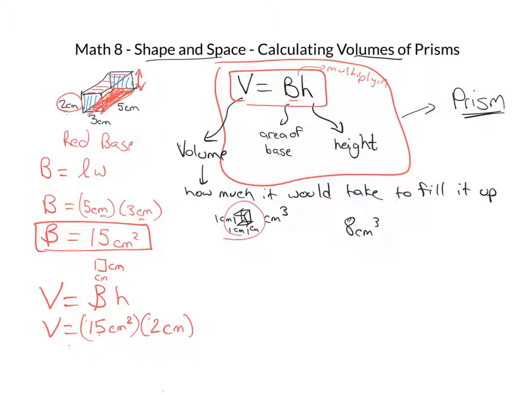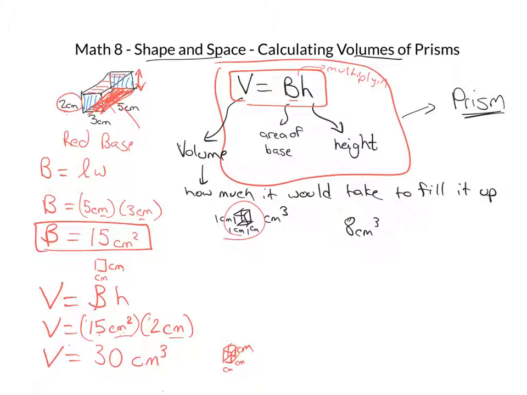So 15 times 2 gives me a volume of 30. And centimeters squared times centimeters gives me centimeters cubed. So how much would it take to fill up this shape? It would take 30 little blocks that are a centimeter by a centimeter by a centimeter. That's how much it would take to fill up a box that looks like that.